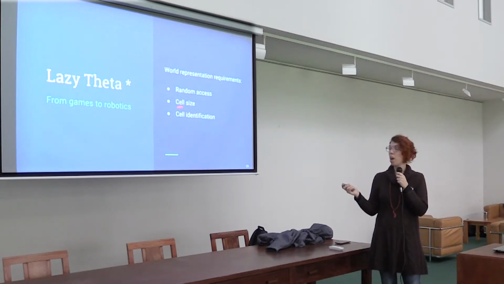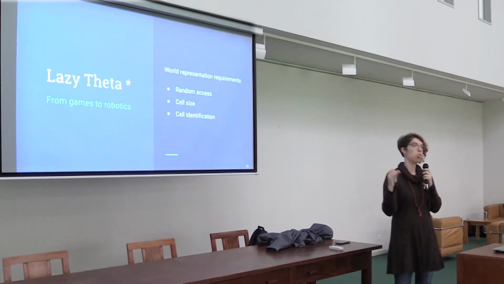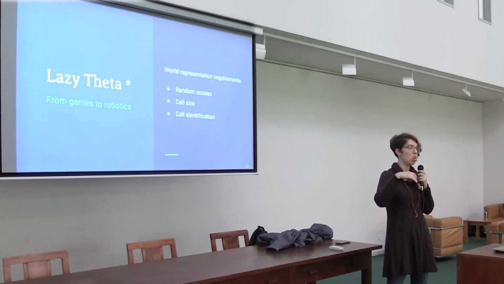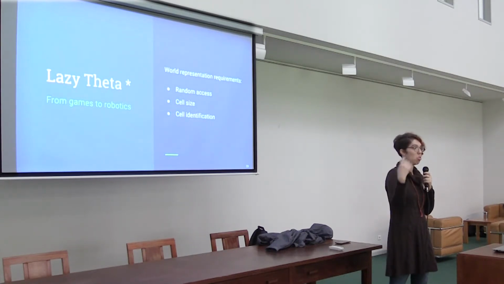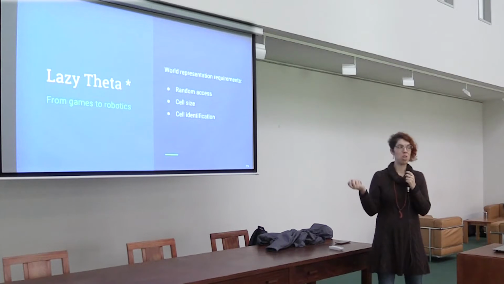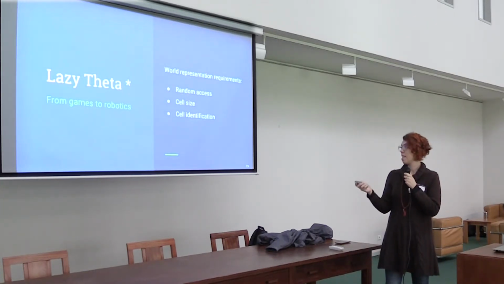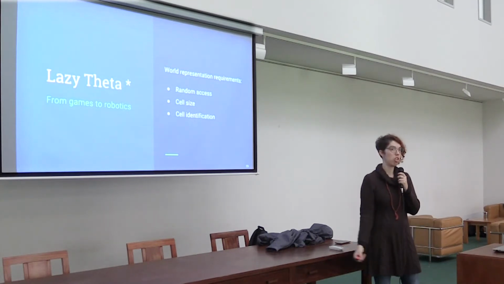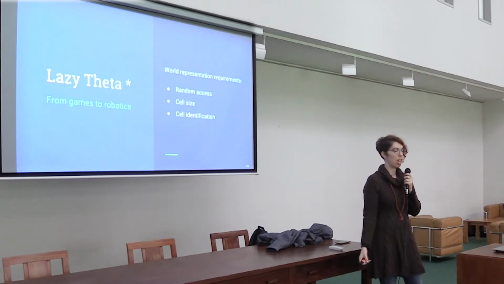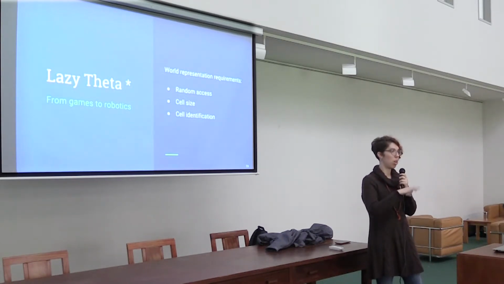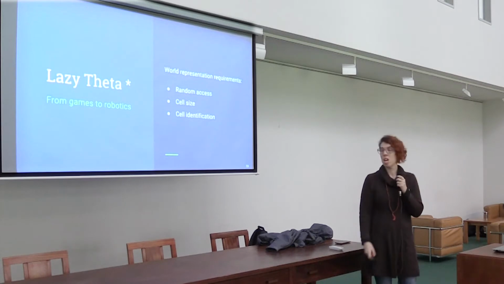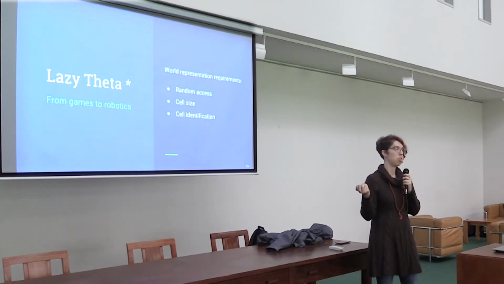And we also need to identify the cells because it will need to know, oh, have I been here before? Have I not? Do I have a better approach for this node or not? Because this is a variation of A star for those who are familiar with it. It's a variation that was originally developed for games and for 2D, just for non-player characters to figure out their way around the scenario. So there were some adaptations that were made so it will work in 3D and in this environment.